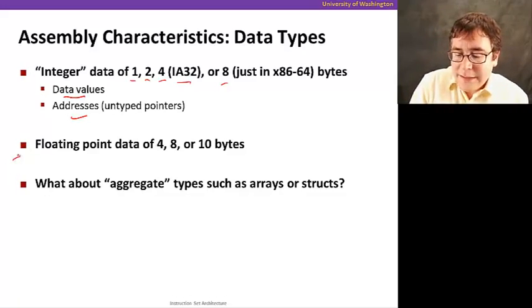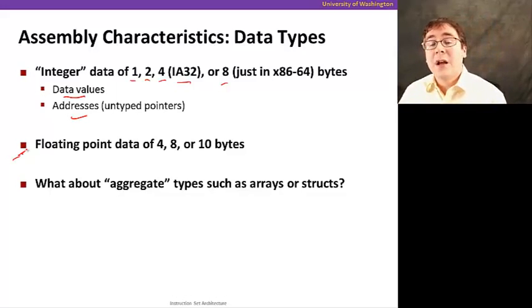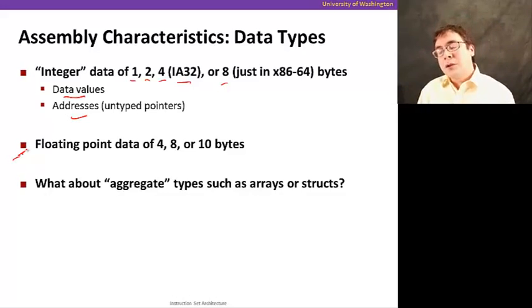The other data type is floating point. Most ISAs today support floating point operations, so floating point data is held in special registers in the processor. It means that implicitly there is a data type that a programmer writing assembly code has to be aware of.